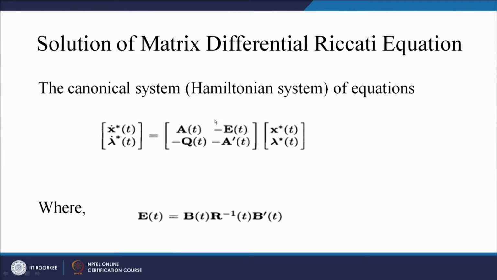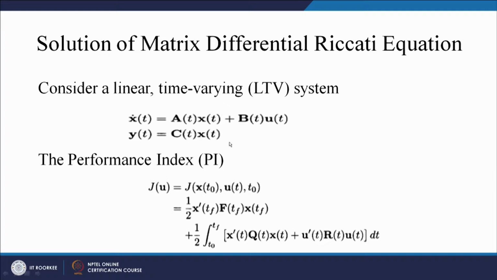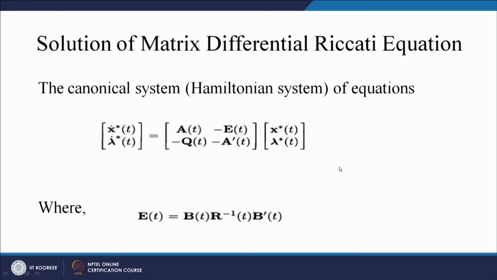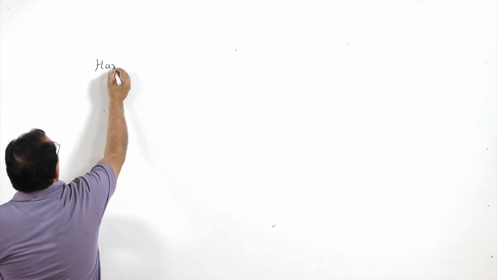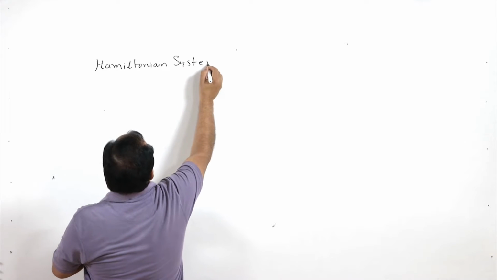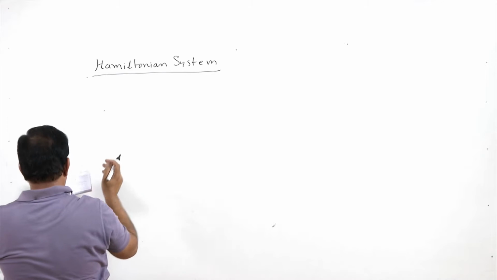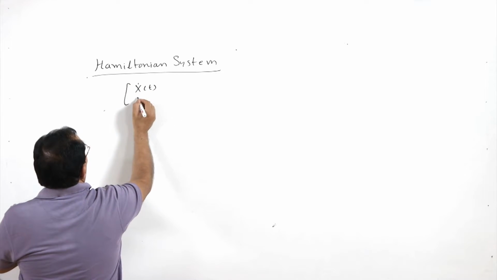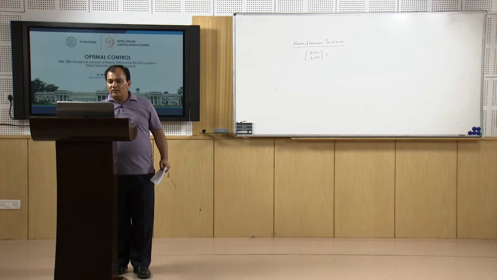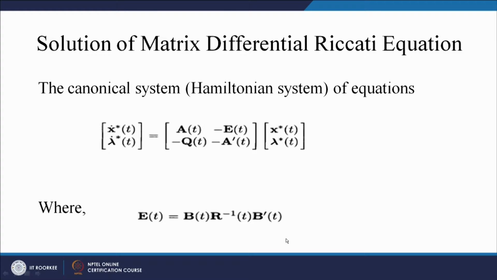You can recall, once we are solving this system by the Hamiltonian approach, we first write the Hamiltonian, then write the control equation del H by del u equal to 0, which gives me the control relation, and the state and the co-state equations. The state and the co-state equations I write as a Hamiltonian system or canonical system, in the form of x dot of t, lambda dot of t, which is a set of 2n equations: A minus E, where E is B R inverse B prime.